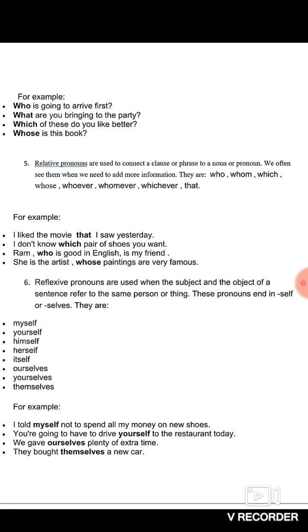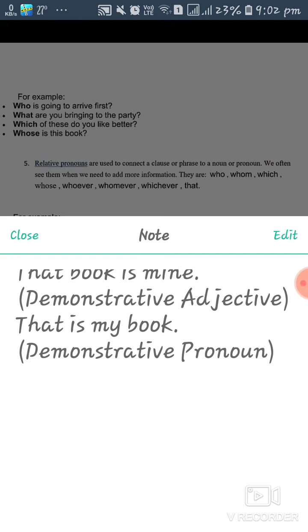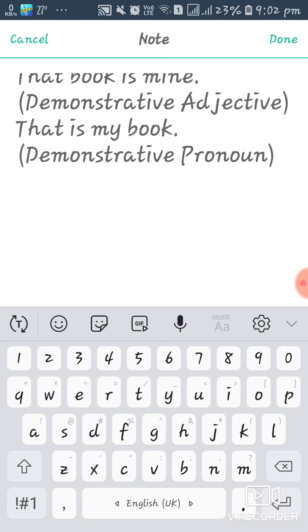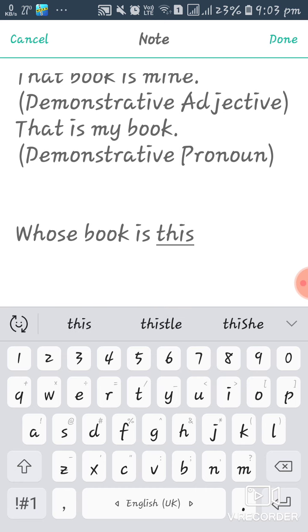So children, interrogative adjectives, let's take an example. Like, whose book is this?